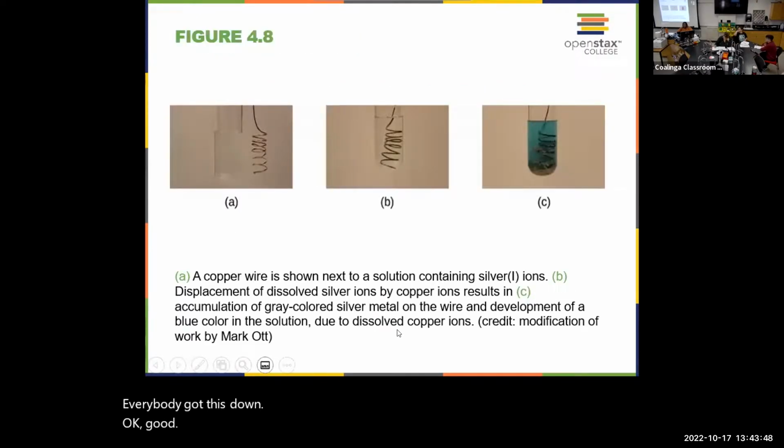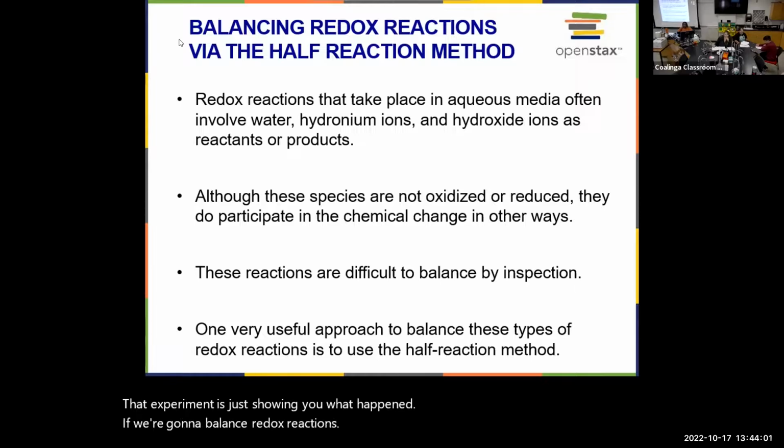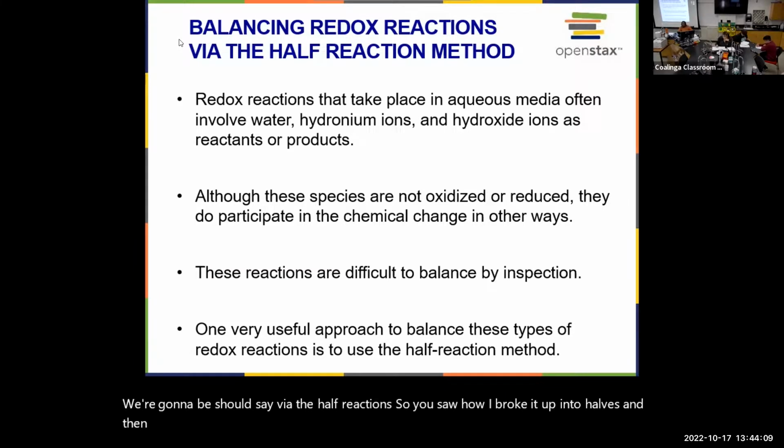Okay, so that experiment is just showing what happens. Now, if we're going to balance redox reactions, we're going to do it via the half reactions. So you saw how I broke it up into halves. And then there are a couple of rules that you want to write down.